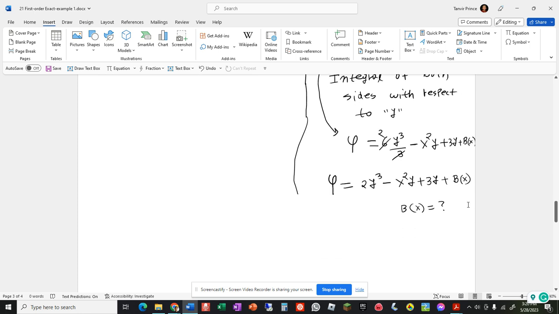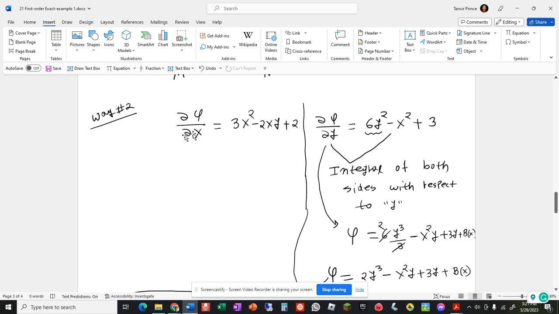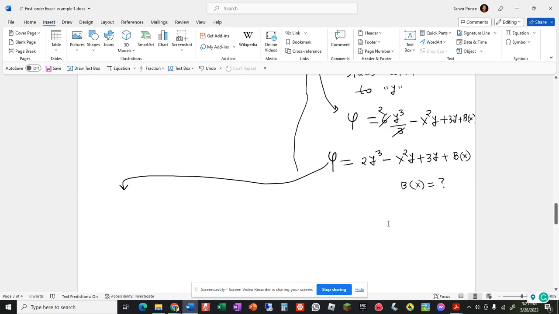From here, I'm going to take the partial derivative of both sides with respect to x, because I want to compare this with this one. On the left, I get the partial of phi with respect to x.